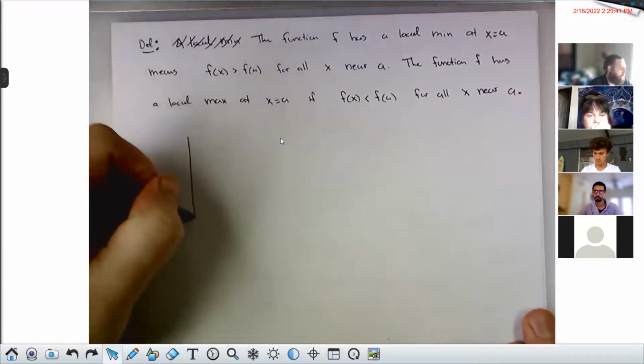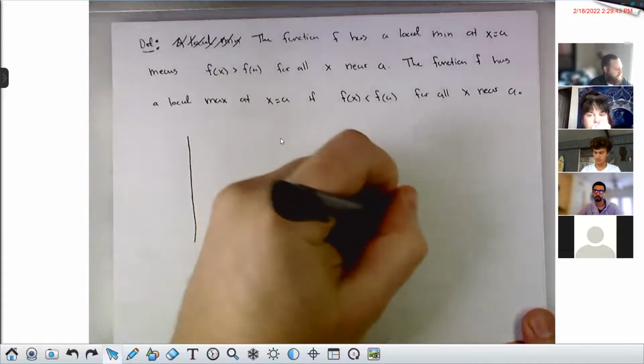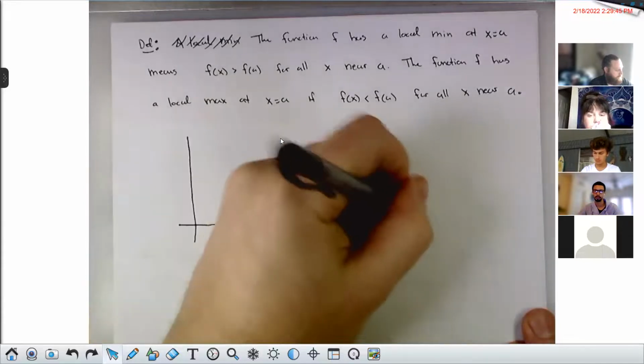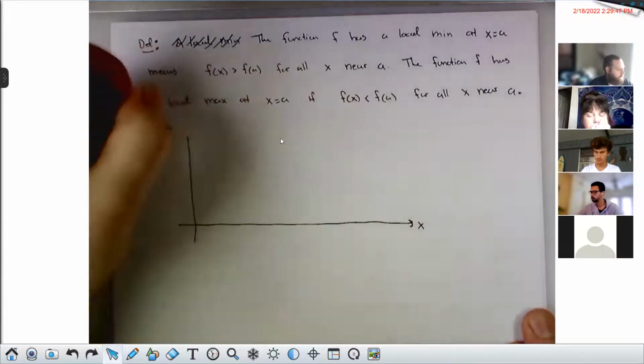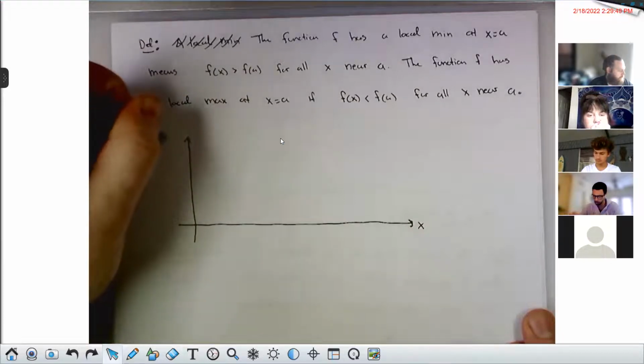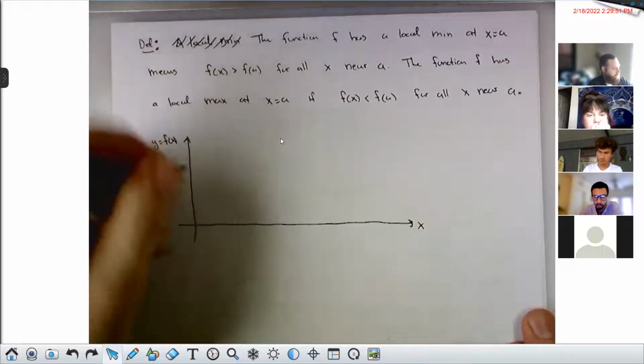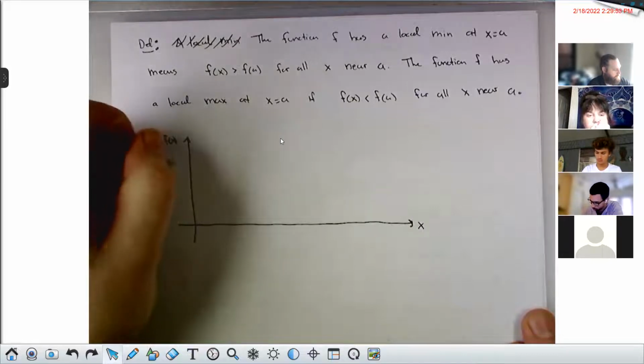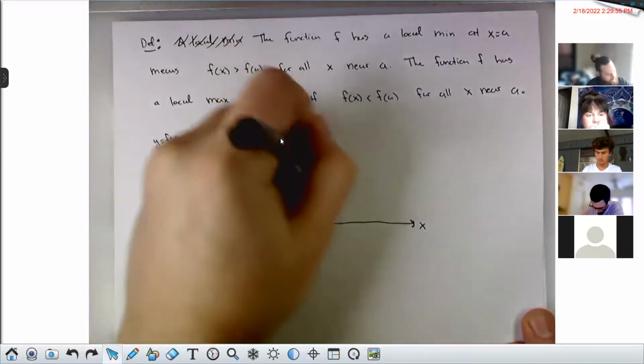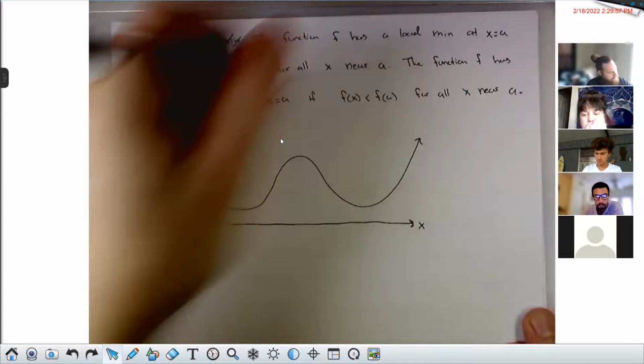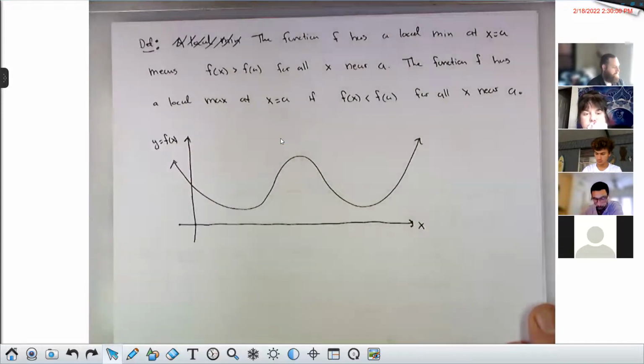Intuitively, if you have the graph, this is not a hard thing. That's something like this.